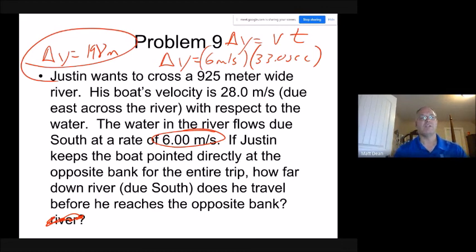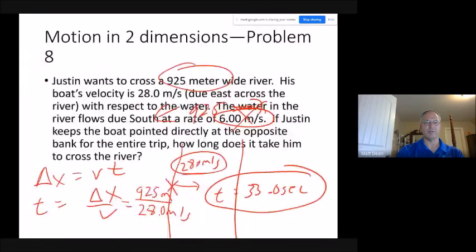Now, this is not part of the problem, but let's say I ask you, what was Justin's resultant displacement?